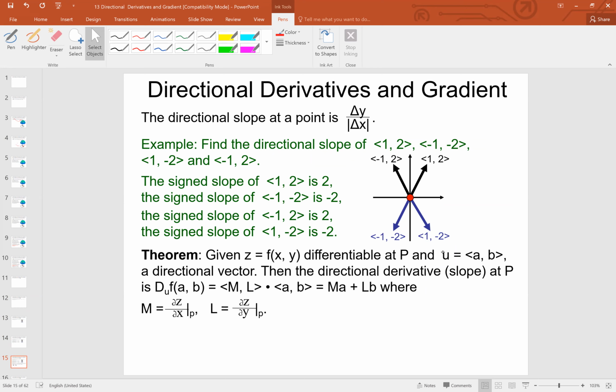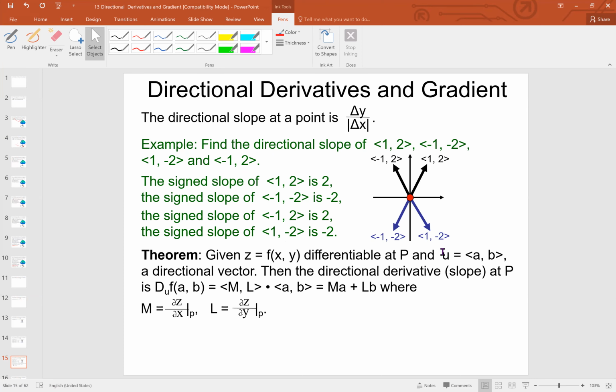If this calculation comes out positive, that means the direction you're going is going up. If the directional derivative is negative, it means that on the surface you're going down.